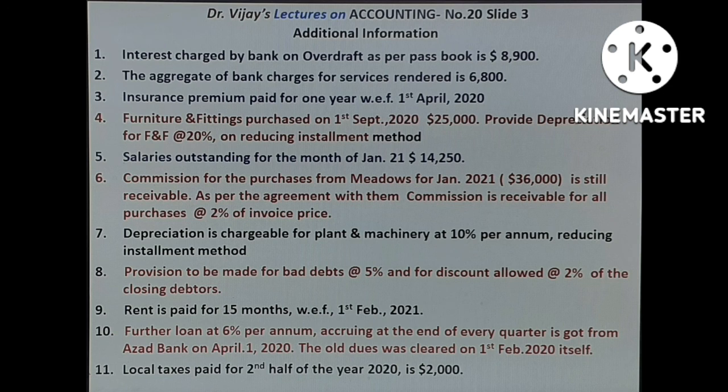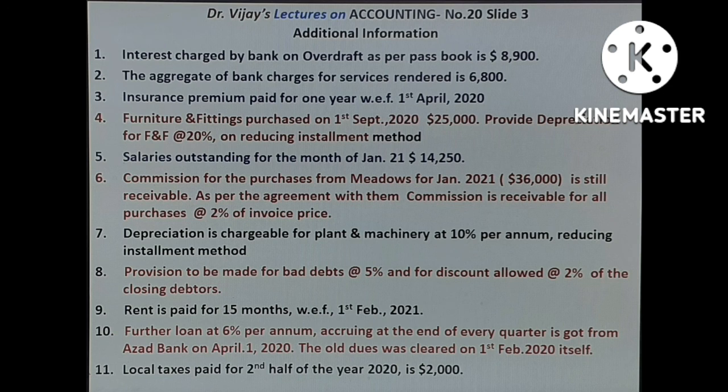9. Rent is paid for 15 months with effect from 1st February 2021. So, rent paid for 3 months is prepaid. Now, further loan at 6% per annum accruing at the end of every quarter is got from Azad Bank on April 1, 2020. The old dues was cleared on 1st February 2020 itself.